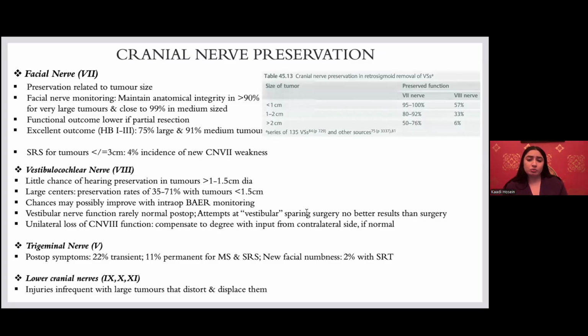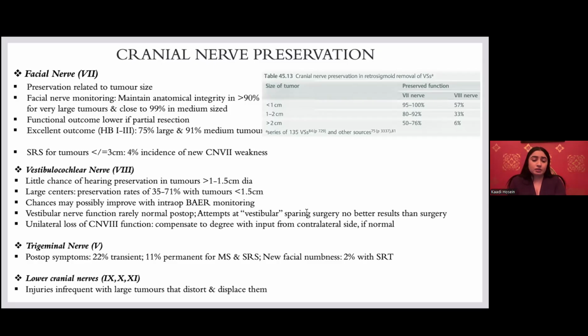Although total tumor excision is usually the goal of the surgery, facial nerve preservation must take precedence over the degree of resection. Near total resection, which is when a very small sliver of tumor is left on the facial nerve, or subtotal resection are all excellent options if the tumor is tightly adherent to the facial nerve or brainstem, and both have excellent long-term tumor control rates with either observation or post-op radiation.